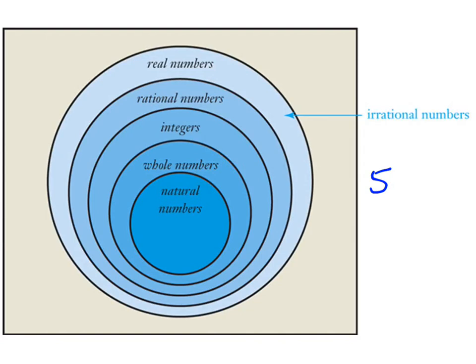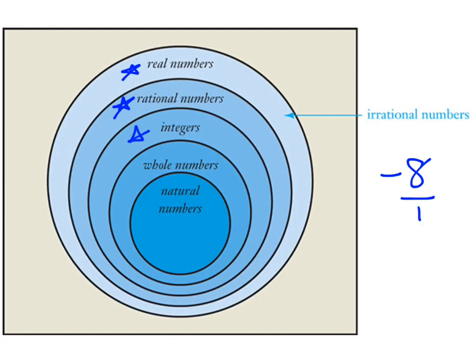All right, so if you're trying to categorize a number, often what we'll do is just categorize it by the inmost subset here. So for example, if we're categorizing the number -8, well, that is certainly a real number, and it is a rational number, because that can be written as a fraction if we just make that -8 over 1.